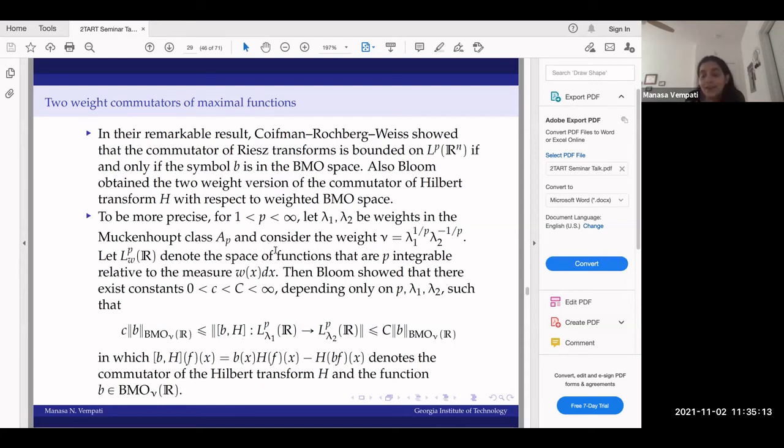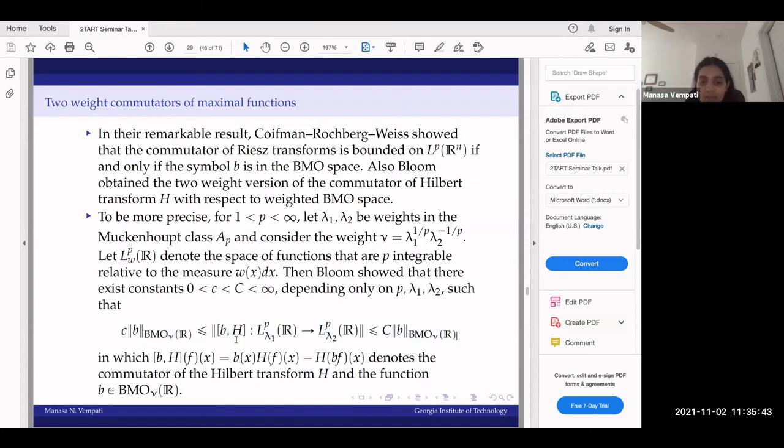Before I state what he proved, I'm going to talk a little bit about the setting in which he worked. We consider p that lies between 1 and infinity. Lambda 1 and lambda 2 are Muckenhoupt A_p weights. He considered the weight nu given as lambda 1 times lambda 1 over lambda 2 to the power 1 over p, and he showed the following inequality.